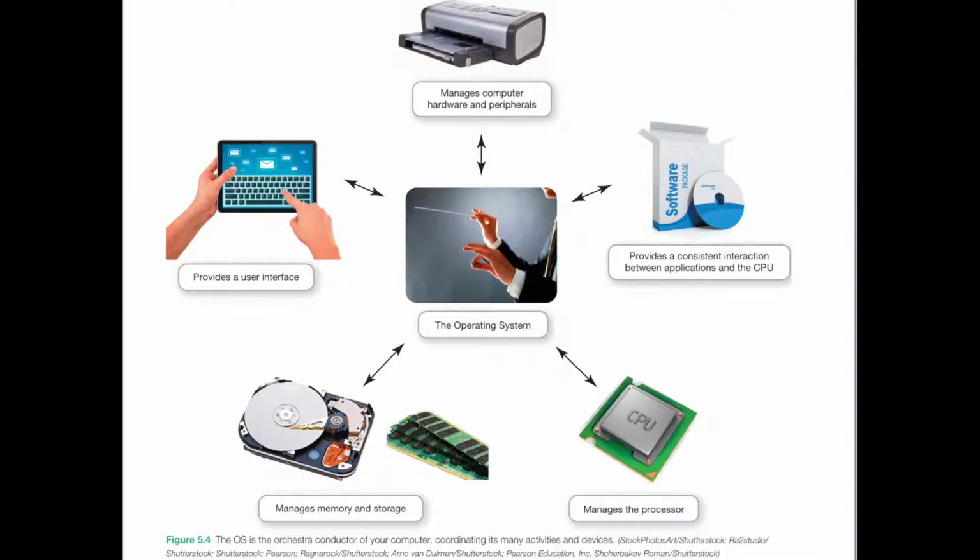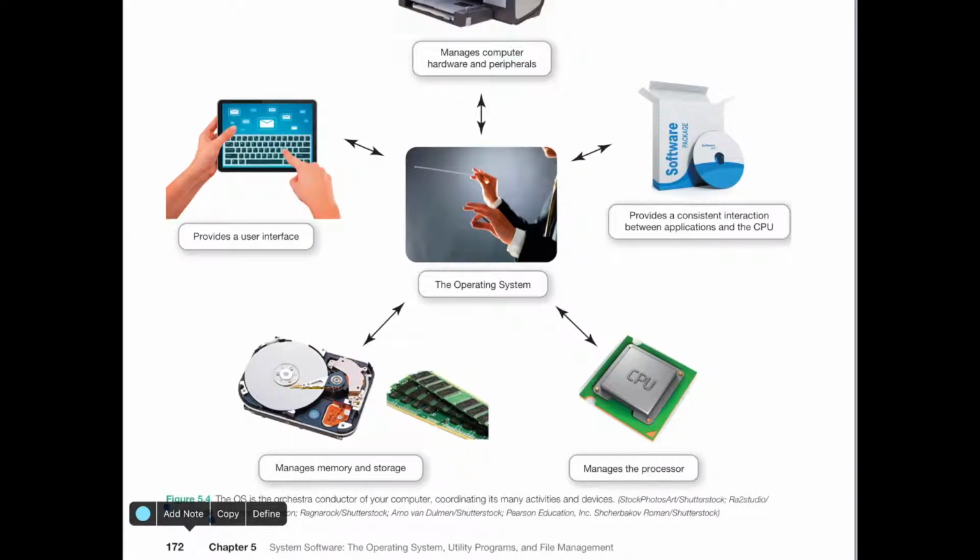For you and for me, even if you delve into a career in something computer sciencey, like hardware support or software support, that distinction is kind of unnecessary. So again, this is 5.4 on page 172 in chapter 5.